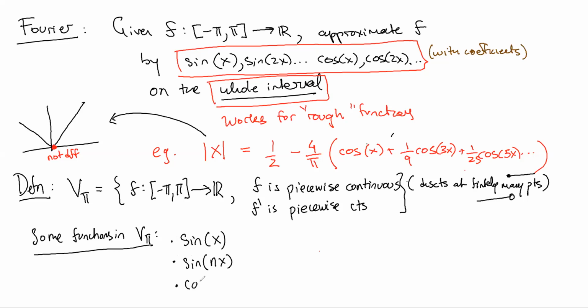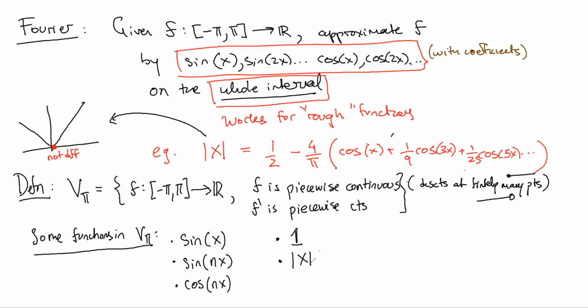So are the cosines. They're actually infinitely differentiable. They're really nice. So is the constant function 1, a function that's 1 everywhere.